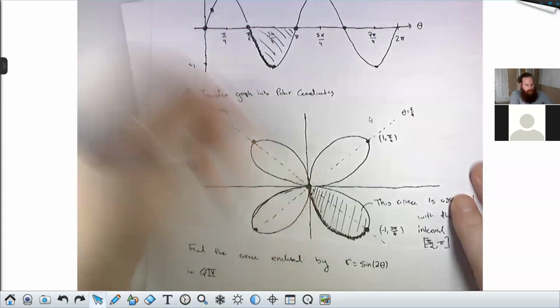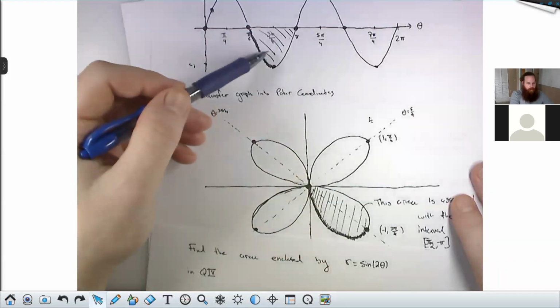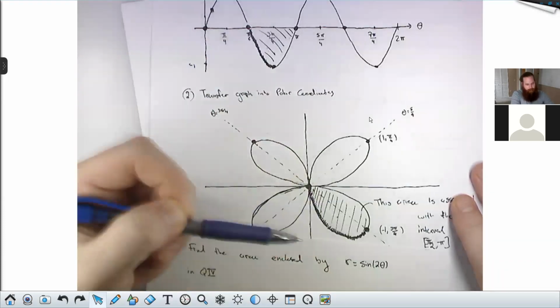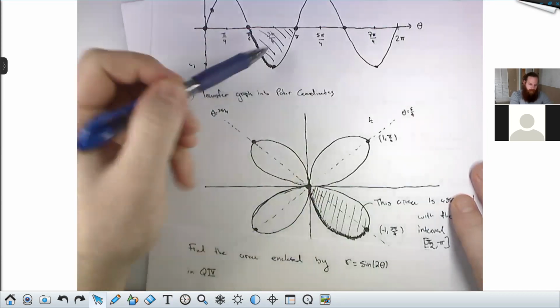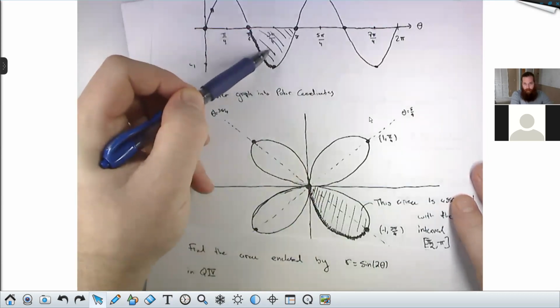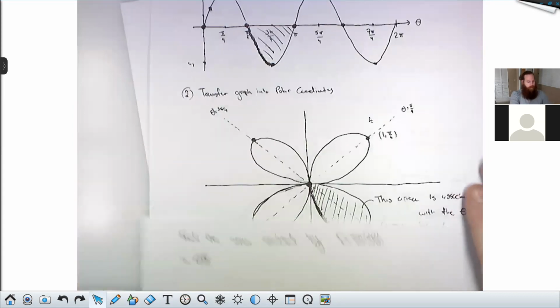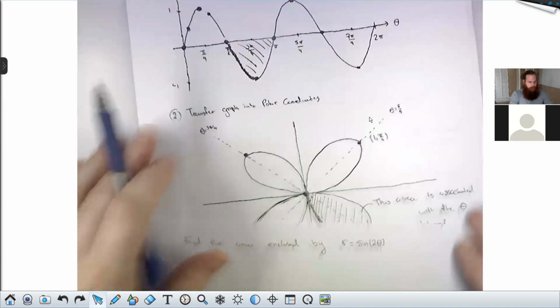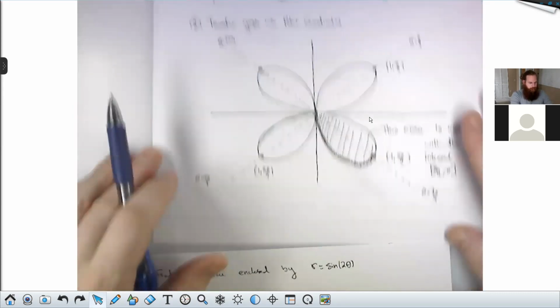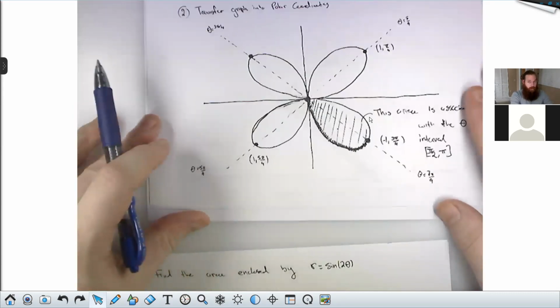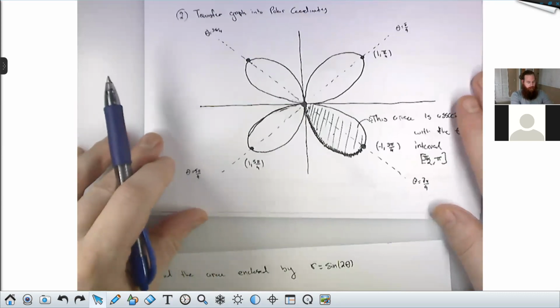It's not just that I've drawn them in different scales. This area is not the same as this area. So you cannot calculate this area using the earlier techniques and deduce this area is the same, because they are not. Changing the coordinate system actually changes the geometry.